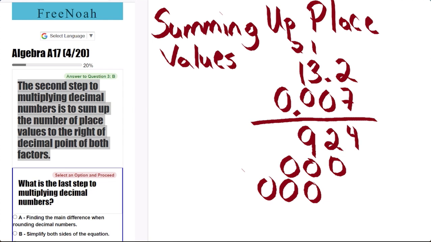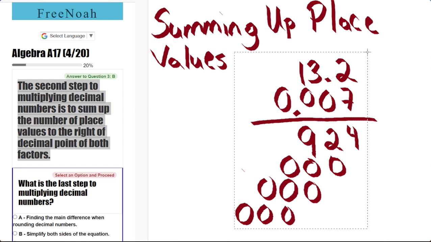So we can comfortably just write 3 rows of zeros. Notice how my zeros stay aligned here. Let's make a little space over here.